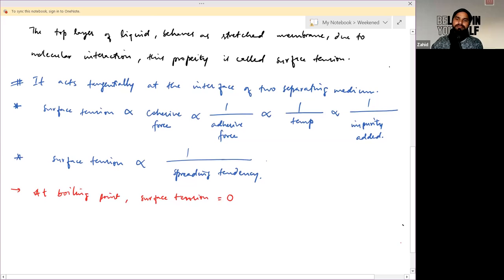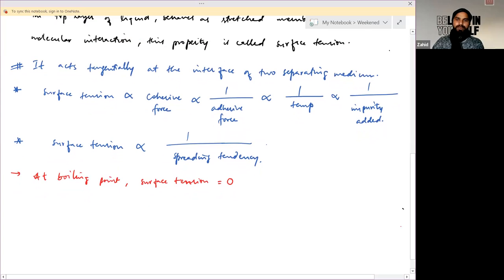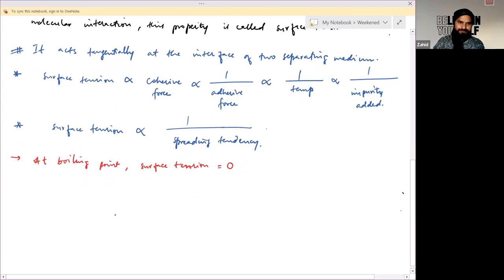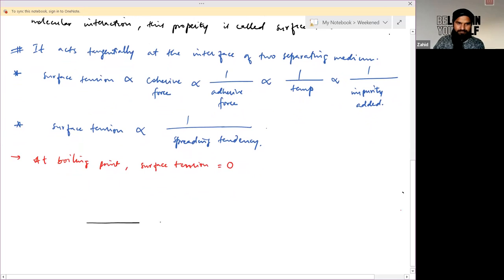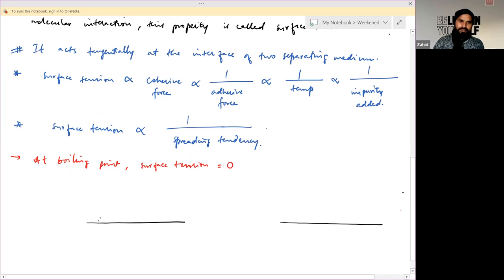Next, if you drop water on a surface and mercury on the same surface, the shape of the liquid would be like this in case of water, but in case of mercury, it will be like this.